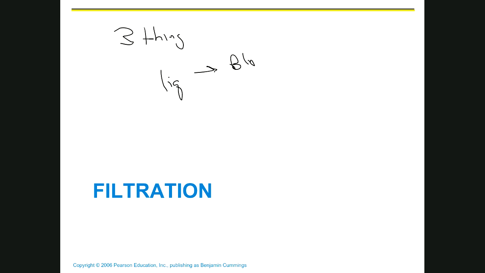And you need a force to make it go where you want it to go. When you make coffee, it might be gravity or it might be a mechanical pump of some sort. Well, in our case, the force is blood pressure. And then the third thing you need is a filter.